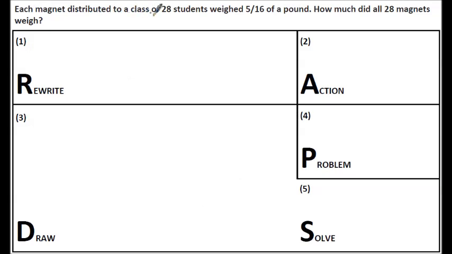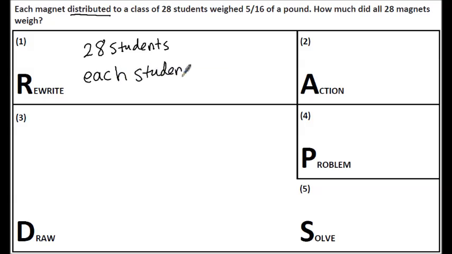Each magnet distributed to a class of 28 students. So we're distributing magnets to each of these 28 students, and that sounds like some important information. So we need to rewrite that there are 28 students and organize this information. So we know that each of those 28 students, so each student gets one magnet.